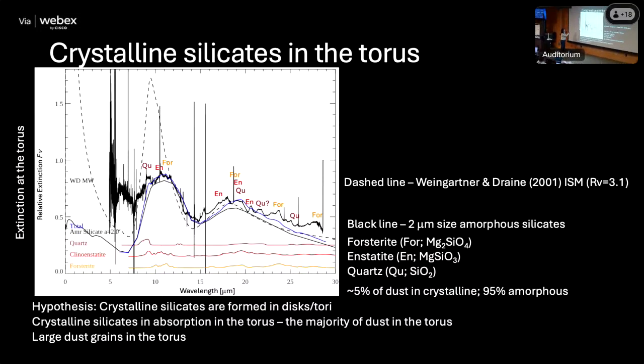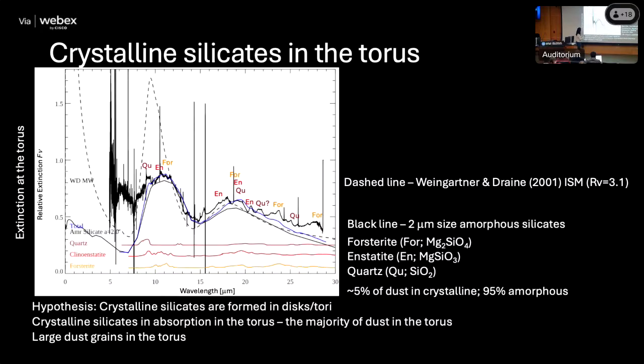This dashed line is typical ISM dust from Weingartner and Draine, with R_V equals 3. Typical ISM extinction has a really sharp silicate feature, but we don't really see this one. This silicate feature is much broader.